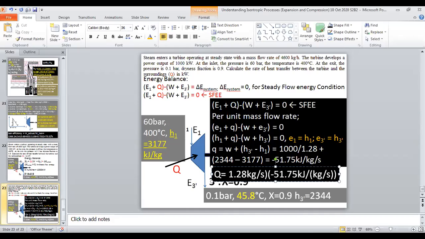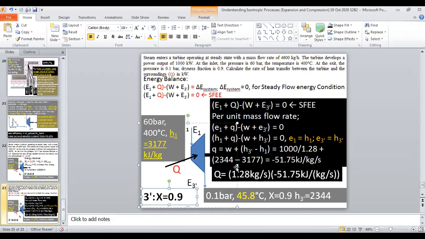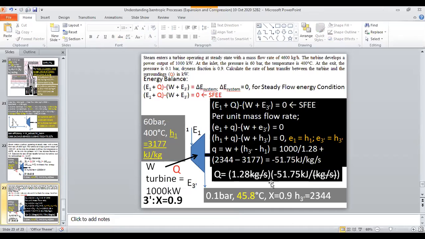So this is a big Q. It is minus. So your kilogram per second and this kilogram per second cancel out, and you have 1.28 times minus 51.75.